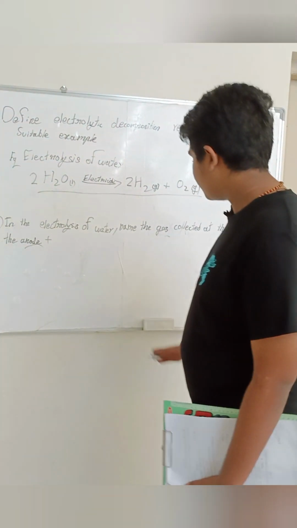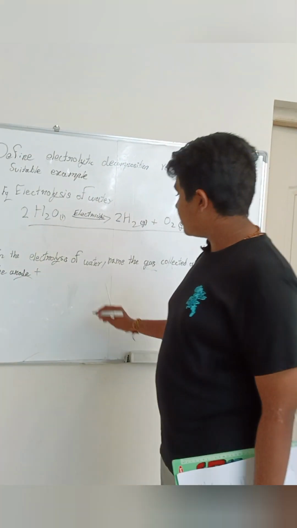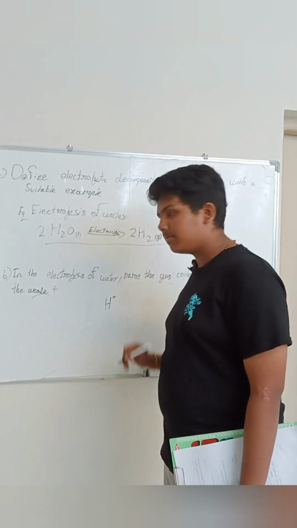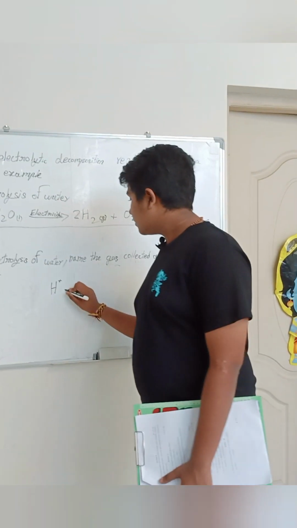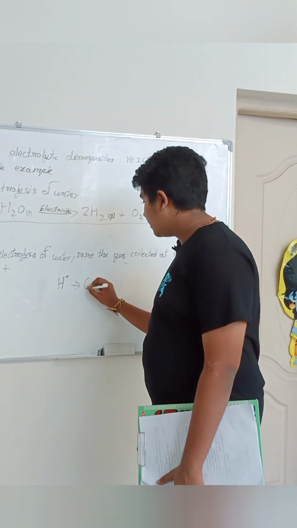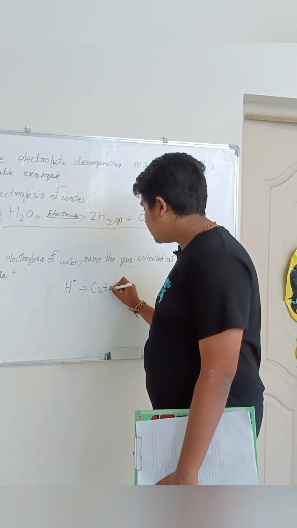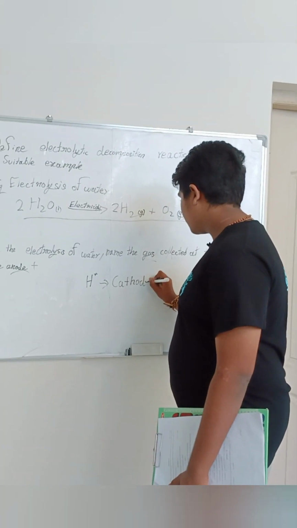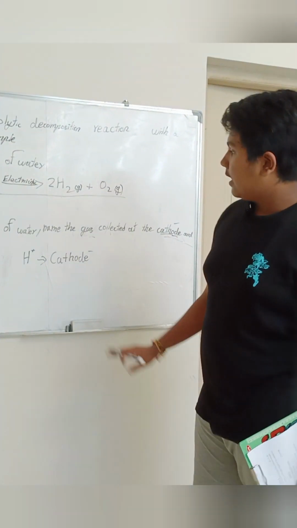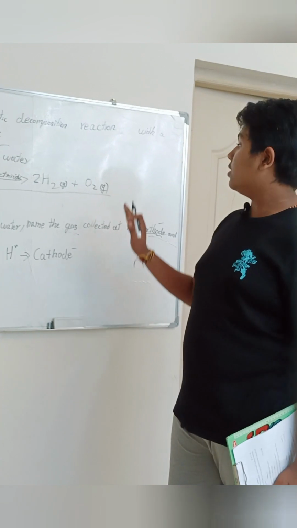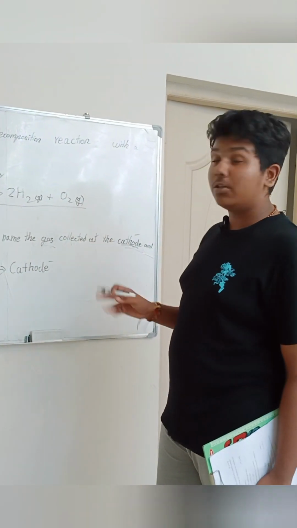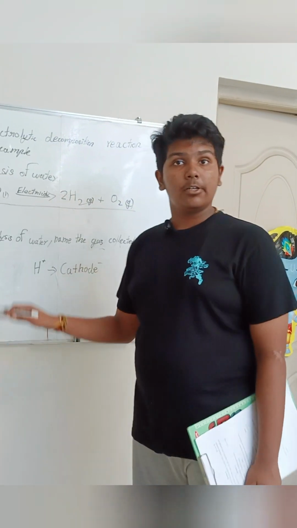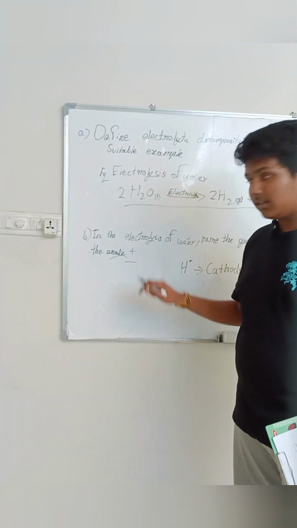So this hydrogen ion, that is plus, is collected at the cathode, which is the negative side. As for oxygen, the oxygen ion which is negative will go to the positive, right? So which is the positive area? This area.